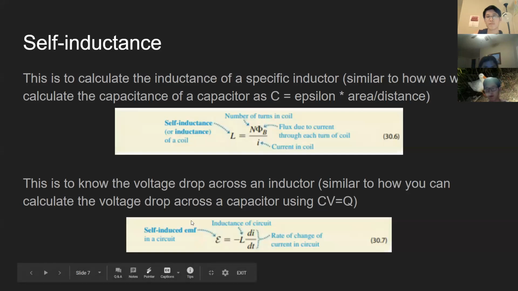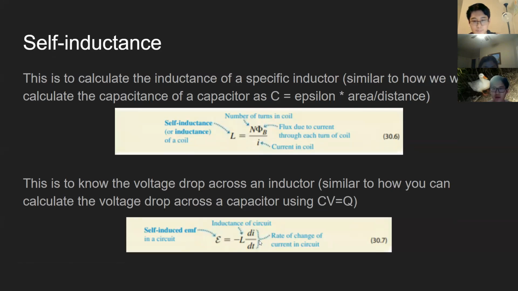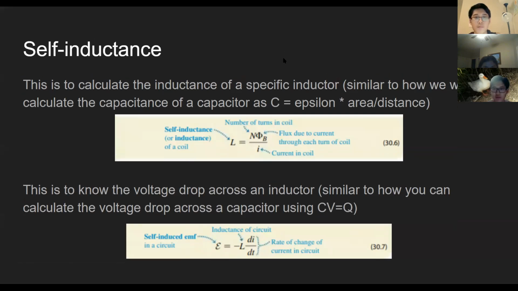And then the voltage or EMF is equal to L times the rate of change of the current, right? They'll probably give you something like this. They'll ask what the EMF is if the current goes from 0 to 15 amps in 10 seconds, and they give you L equal to 5 henries.